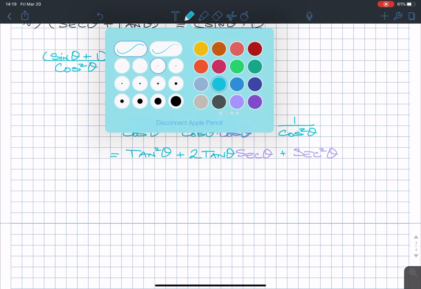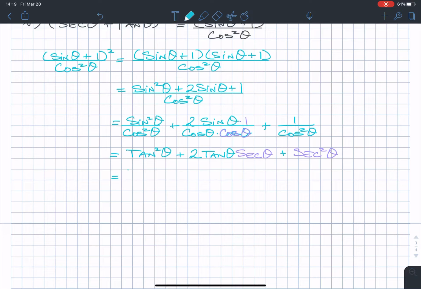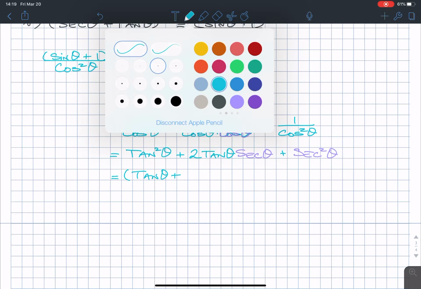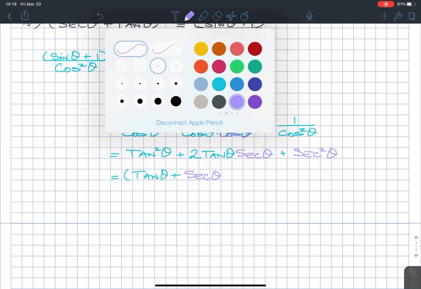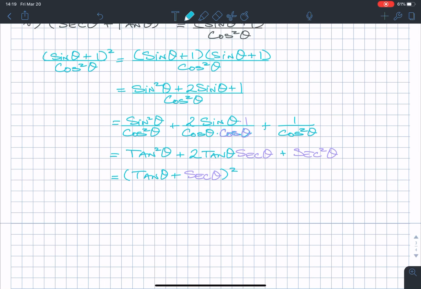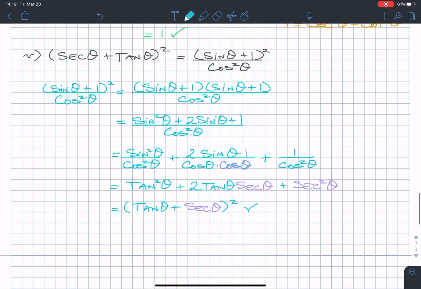So this is of the form a perfect square trinomial. It's of the form first term tangent theta plus second term secant theta, all squared. Check mark. We've proven it, or established the identity.